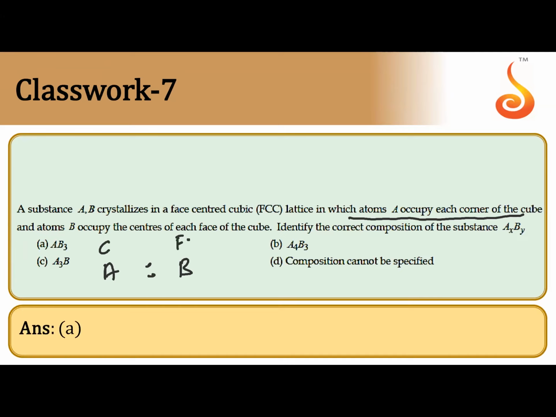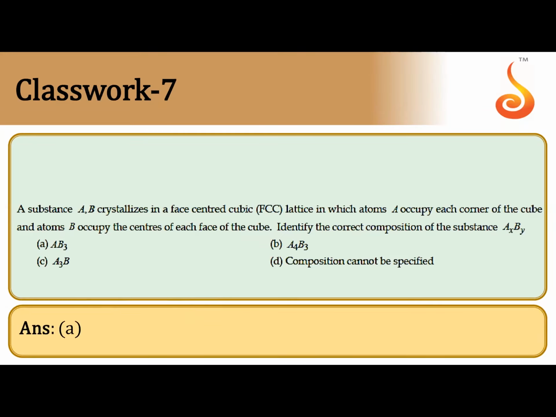Corners: total number of atoms in corners is 8 into 1 by 8, one atom. Faces: half contribution into 6 faces, that is 3. So A is to B becomes 1 is to 3. Therefore, AB3 is the formula.